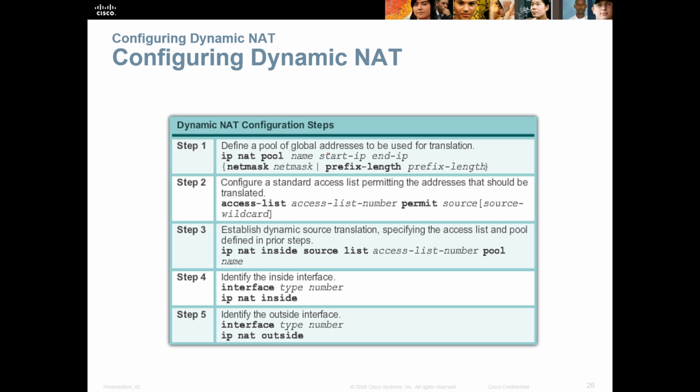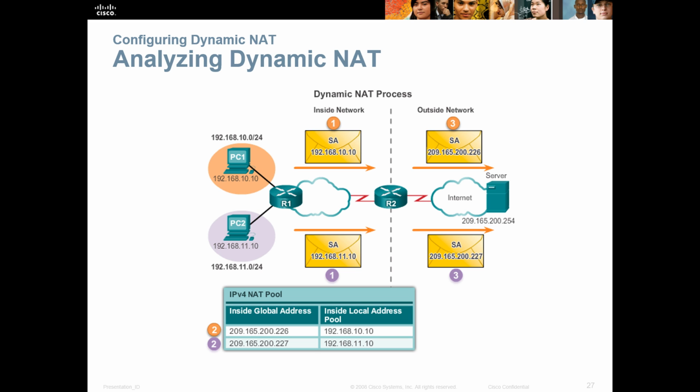You'd establish a dynamic source translation, so IP NAT inside source list, the access list, pool, the actual pool name, and then you'd apply them to interfaces. So again, you map the pool and ACL, and then both of these are setting up NAT for inside and outside translation.